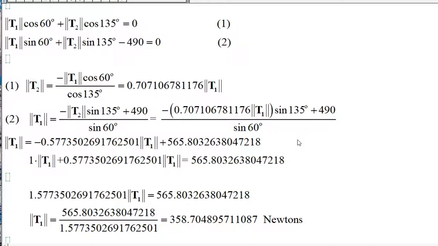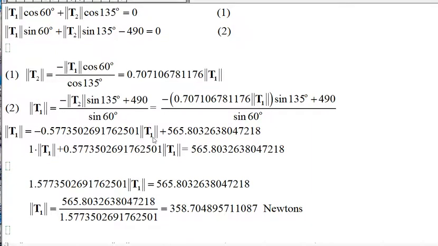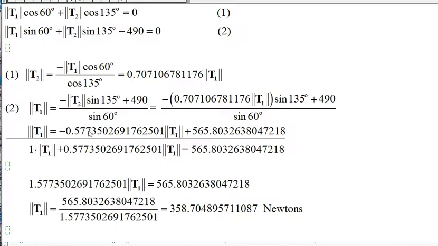And now on the calculator, if we do negative 0.7071, all of this right here, times sine of 135 degrees, divided by sine of 60 degrees, then we'll end up with this number right here. And 490 divided by sine of 60 degrees, then we'll get this. Move this term right here to the right.